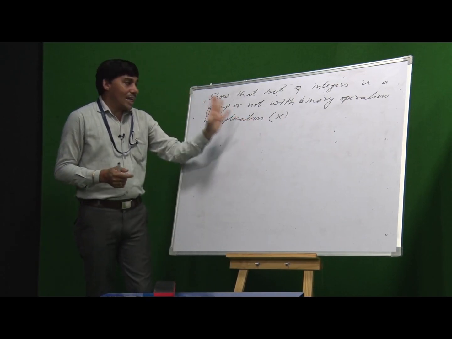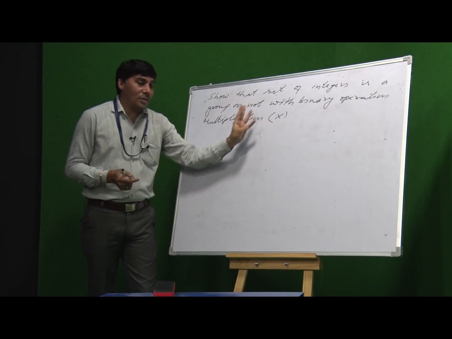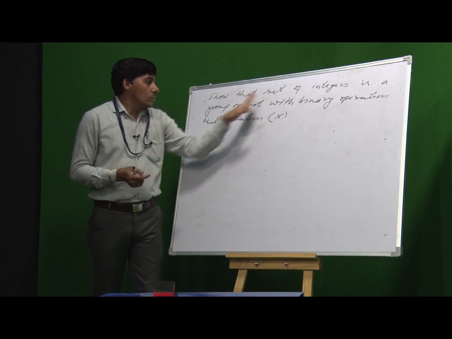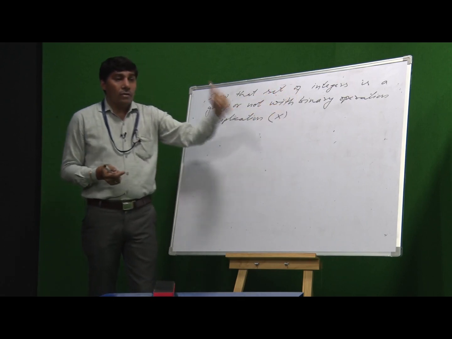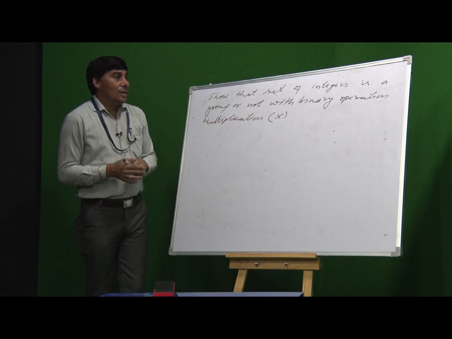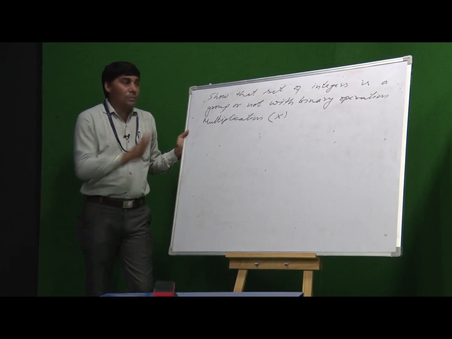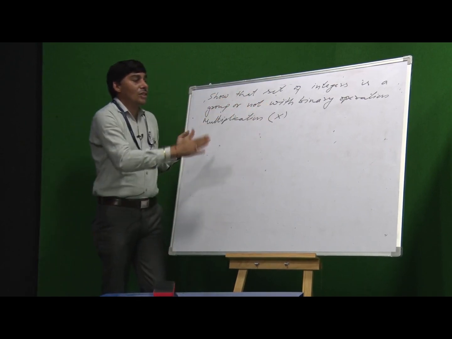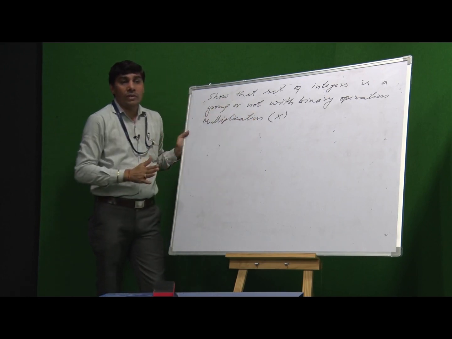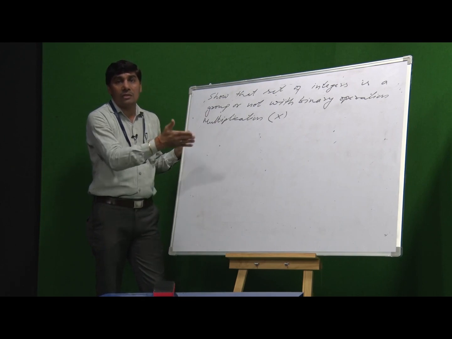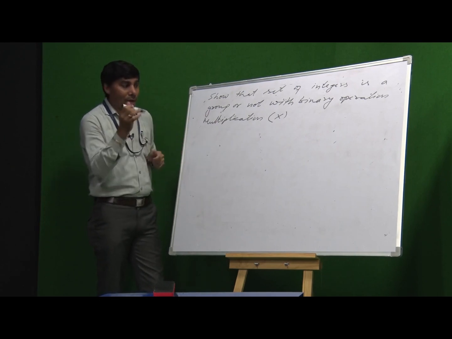So Z, the set of integers, is a non-empty set and multiplication is a binary operation on it. Now we see whether the properties are satisfied or not. If the set of integers with binary operation multiplication satisfies all the properties, then it becomes a group, otherwise it is not a group. So one by one we will discuss.